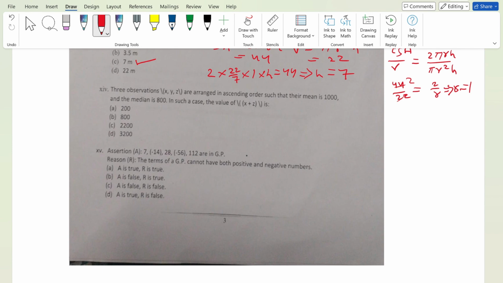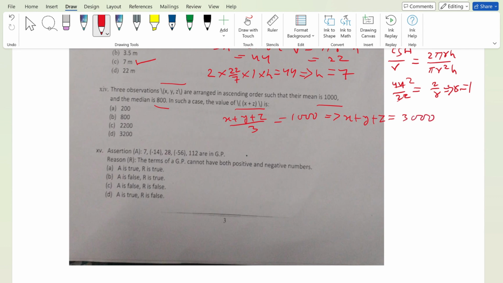Now question number 14. Three observations x, y, z are arranged in ascending order so that the mean is 1000 and the median is 800. Find the value of x plus z. Mean is given 1000, that means x plus y plus z by 3 equals 1000, so x plus y plus z equals 3000.